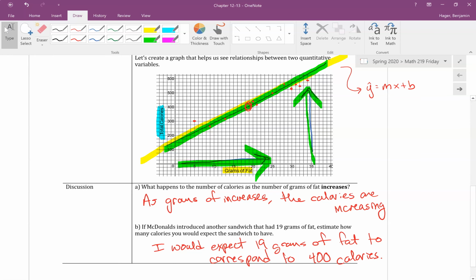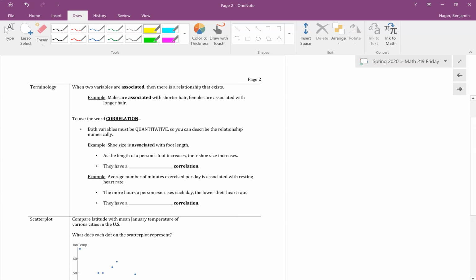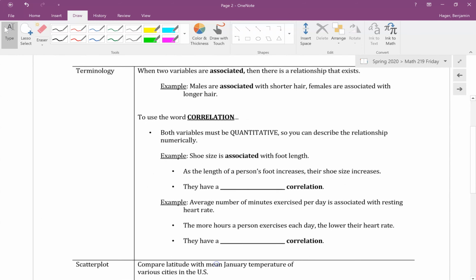All right. So we can do more analysis if we actually know the equation of that line that tries to best estimate all the data. And again, that's where we're getting to with this. So on the next page, got some new terminology here.